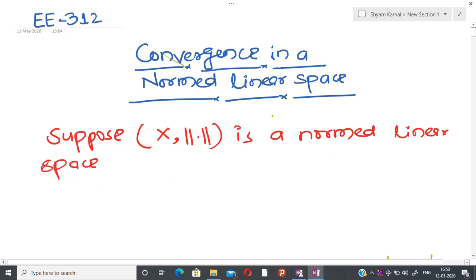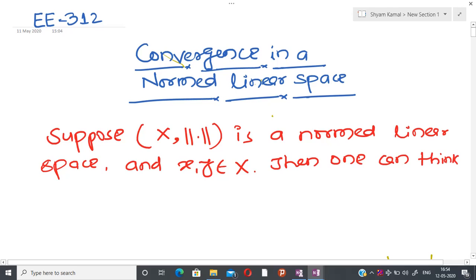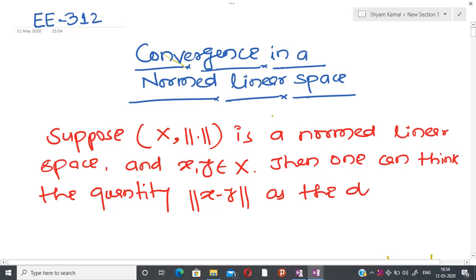Suppose we have 2 points x and y belonging to this linear space, then one can think of the quantity x minus y, and we have seen that this is nothing but the metric, the distance between x and y.